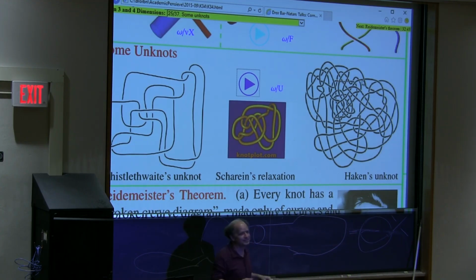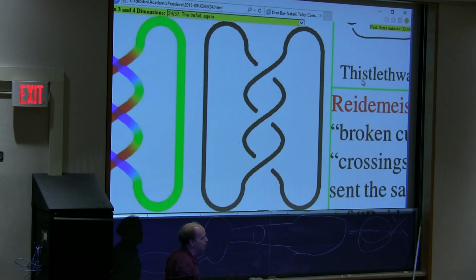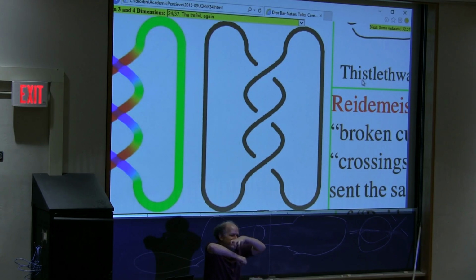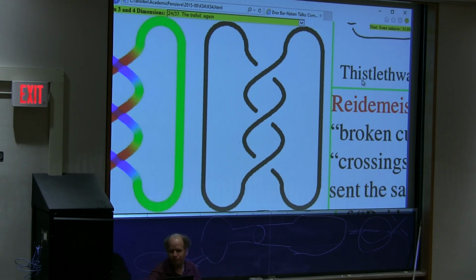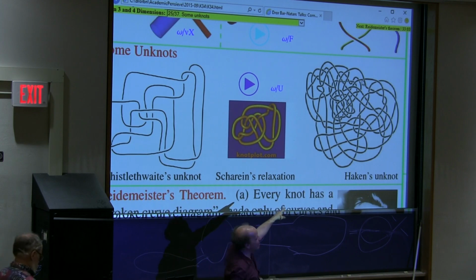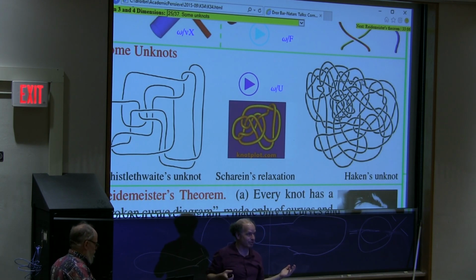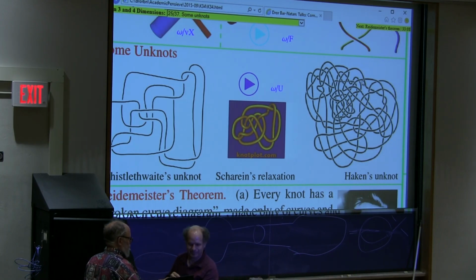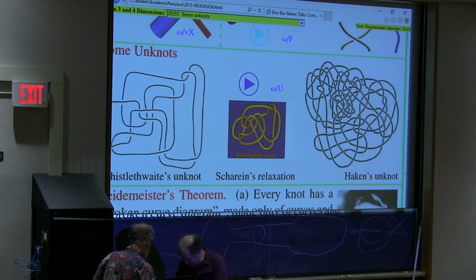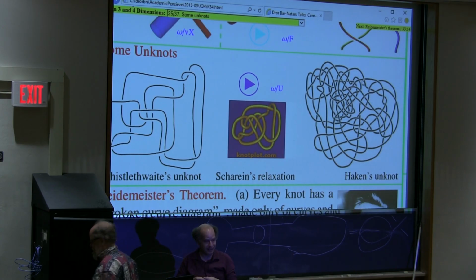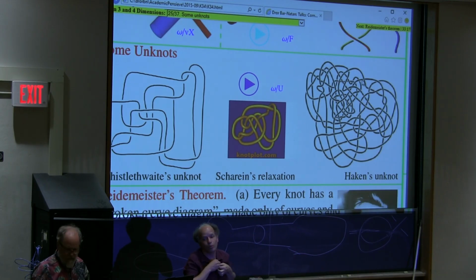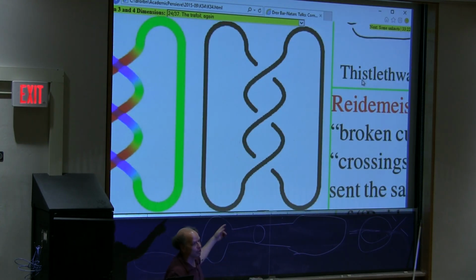So, given these awful examples, maybe I can take this one, Haken it, or dislocate it, or Scharein it, meaning deform it in such a way until it would look like the one on the right, and then undeform it in some crazy way until it would be the unknot. So why on earth would you be confident that this picture is at all knotted?